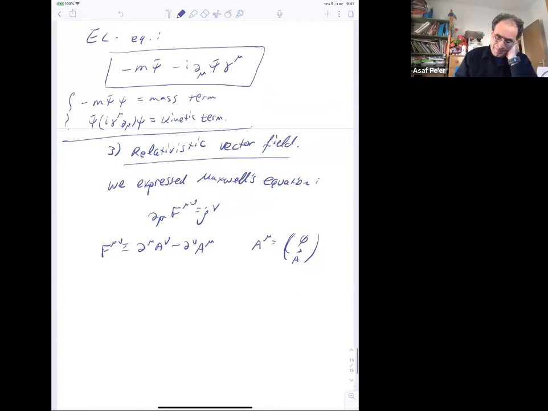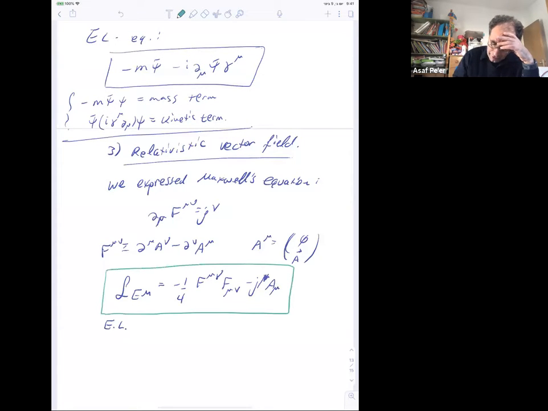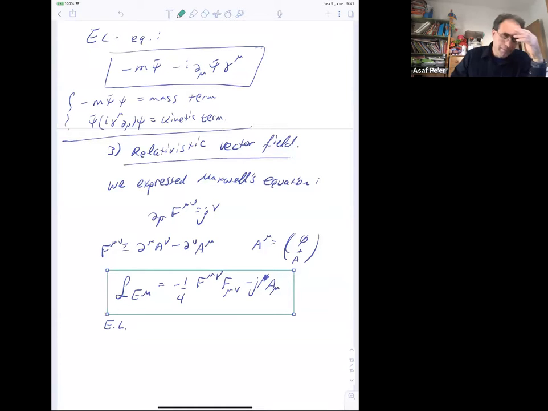Good. So the Lagrangian of the electromagnetic term would be minus 1/4 F mu nu F mu nu minus j mu A mu. And take the Euler-Lagrange equation. What do you get back? You don't need to do the full derivation.